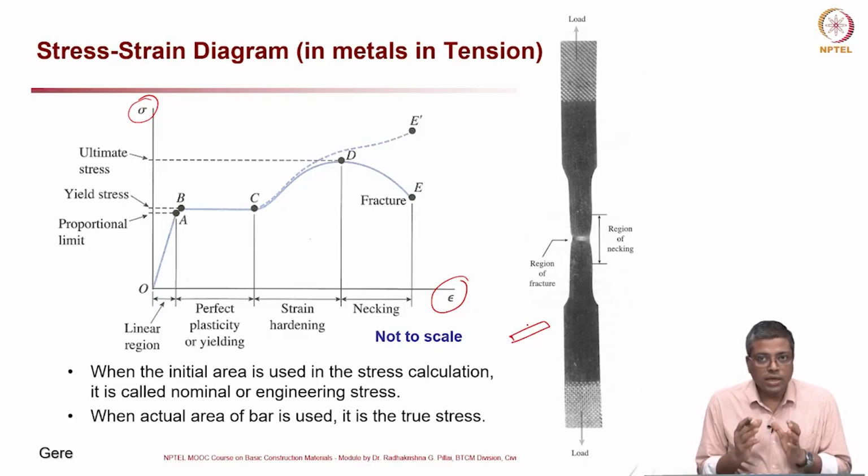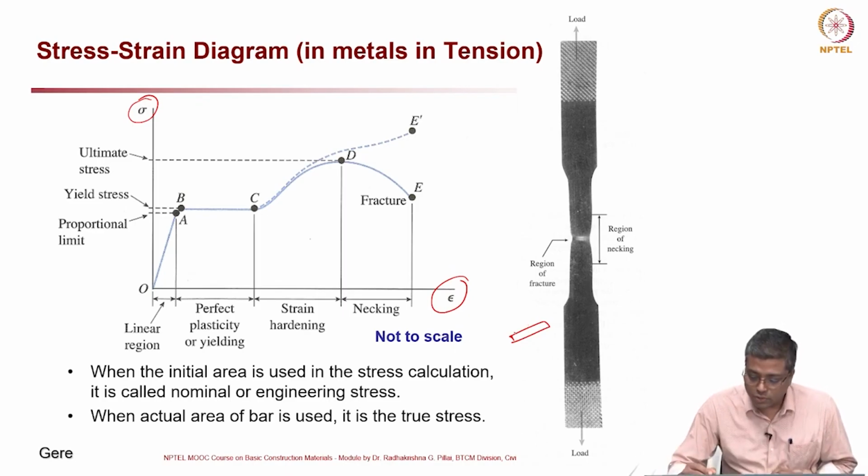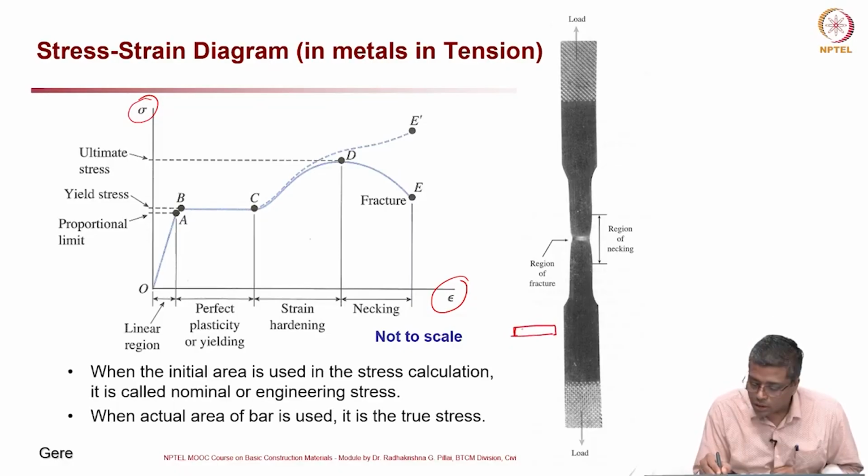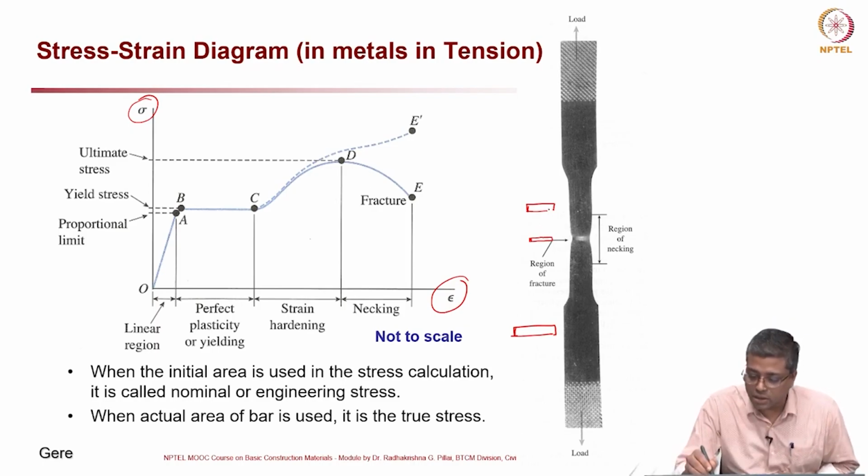Here the initial area is known. The cross sectional area is like this here, and here it is a much thinner cross section area. So, the necking is happening there.